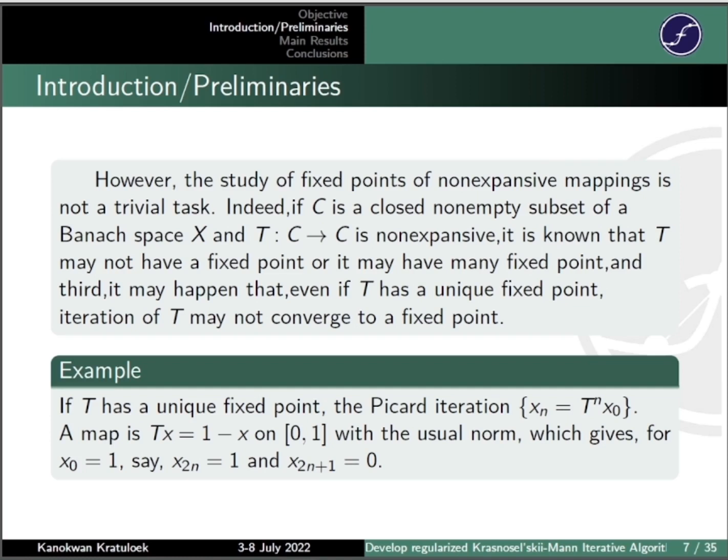The unique fixed point of the map is 1 over 2. The subsequence x2n equal to 1 and the subsequence x2n plus 1 equal to 0. Then the sequence xn does not converge to 1 over 2. This shows that T has a fixed point, but the Picard iteration does not converge to a fixed point.